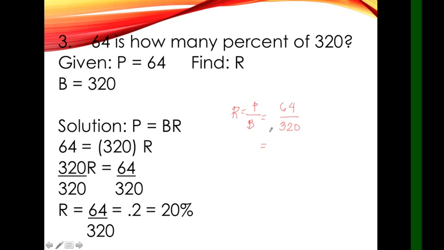Your answer is 1 over 5 or 0.2, right? 0.2. Make it a percent. Mag-move ka ng 2 decimal places going to the right. Mag-add ka ng 0, and that will become 20. Then, maglagay ka ng percentage sign. So, that is now the rate. Kaya 20% yung nakuha natin.